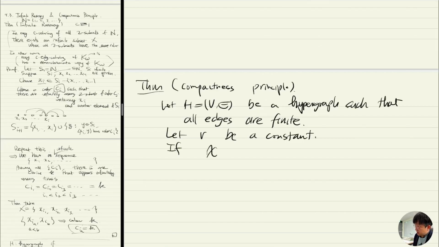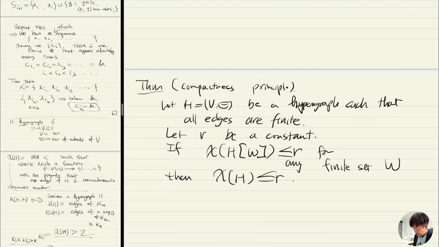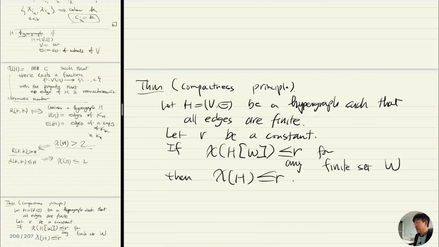If the chromatic number of H induced on W is at most R for any finite set W, then the chromatic number of H is at most R. This is what's called the compactness of the chromatic number of a hypergraph.